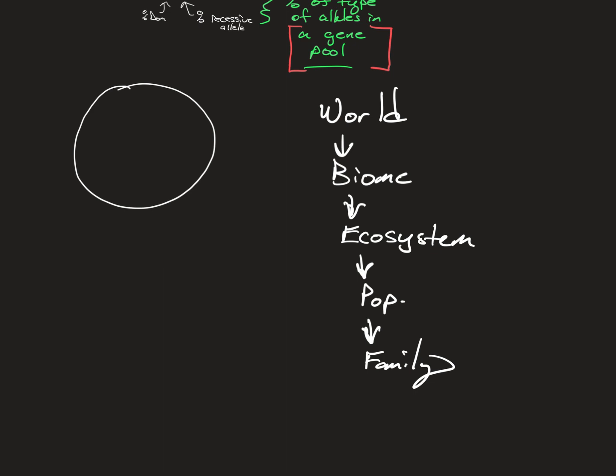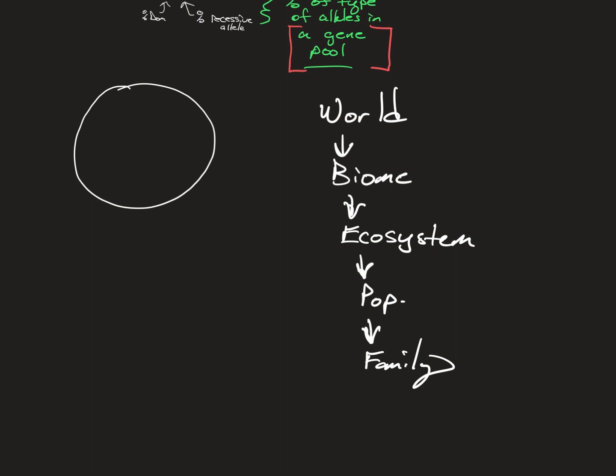When you're thinking about these things, it all depends on the level of the problem that you're addressing. If you're addressing the problem at the world level, then you're talking about the percent or frequency of the genes on the planet. What would be an example? Let's think about the sickle cell example we used.